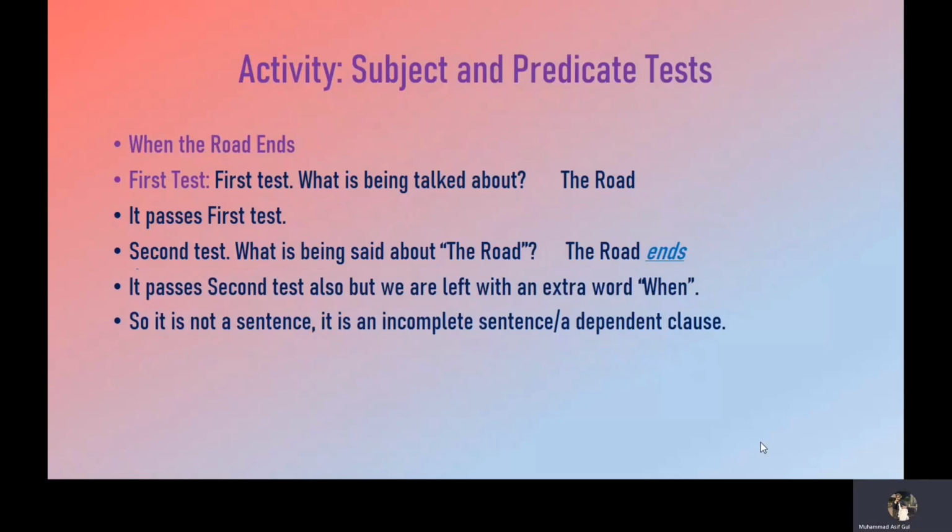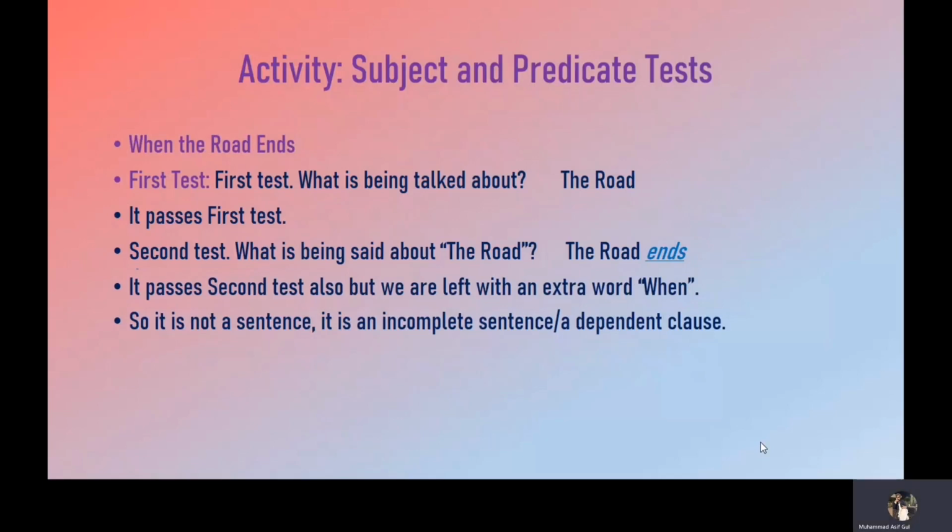The road ends. Right? It passes the second test, but again, we are left with an extra word, when. So this is not a complete sentence. This is an incomplete sentence, or this is a dependent clause. This is a subordinate clause.